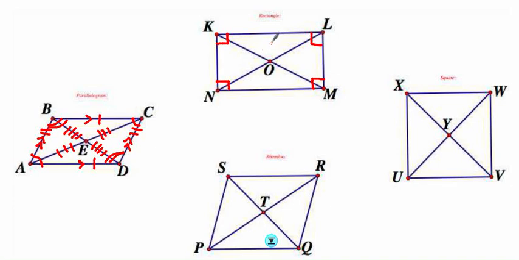This means it is a parallelogram as well. And so in addition to having all four angles congruent, the rectangle would also share the properties of a parallelogram. And so both pairs of opposite sides would be parallel, both pairs of opposite sides would be congruent. The diagonals would, of course, bisect as well.